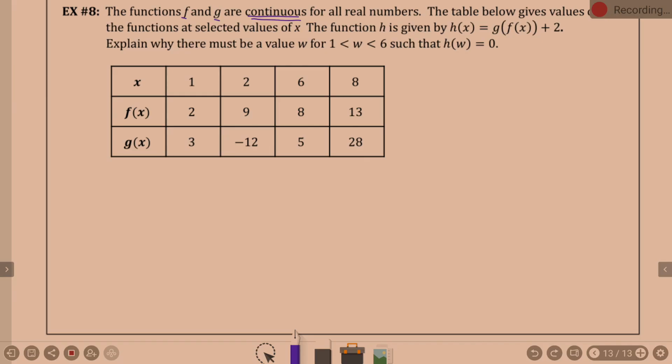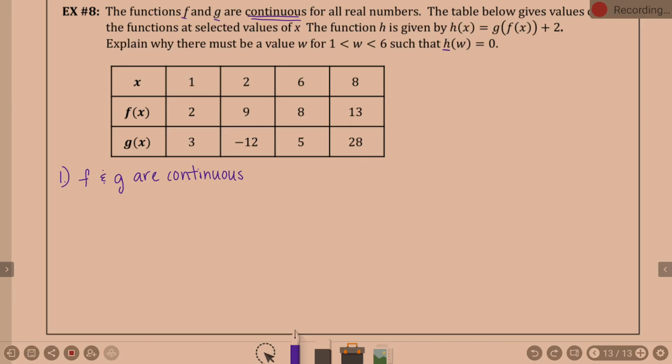Okay. Not giving you much time to think because I gotta get moving. Step 1, it told us that what? F and G are continuous. Now, what are we really being asked about? We're being asked about H. But what do they define H to be?